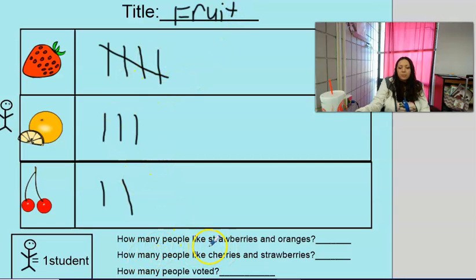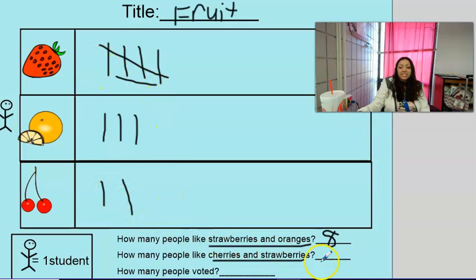So how many people like strawberries and oranges? If we're using that and, we know we're going to have to add. So I've got 5, then 6, 7, 8. Very good. All right, then it says how many people like cherries and strawberries? So up here, how many do I have of strawberries? 5, very good.